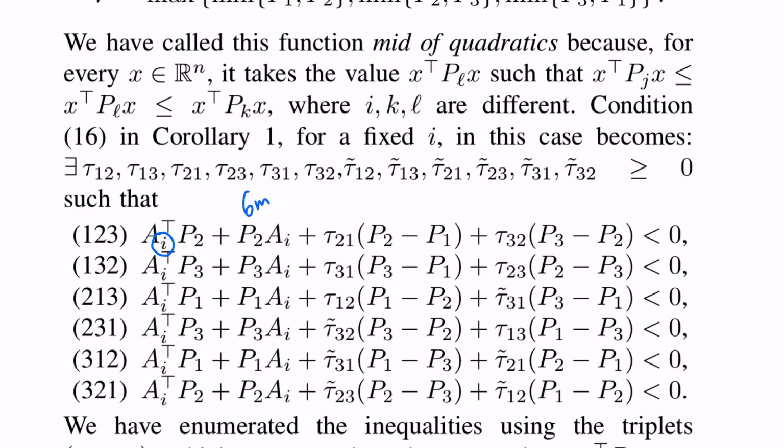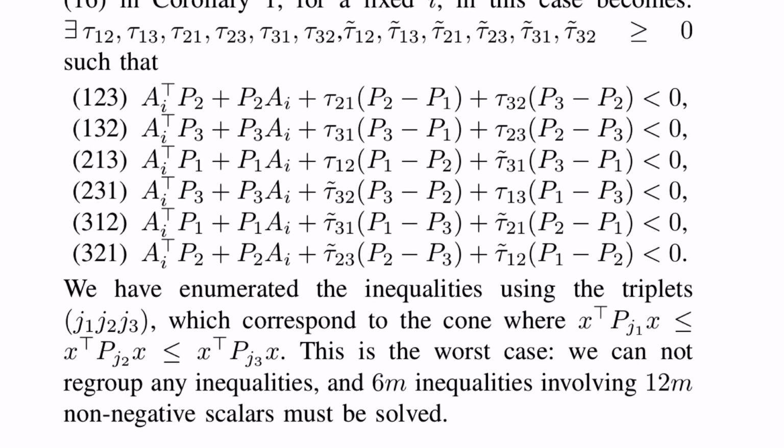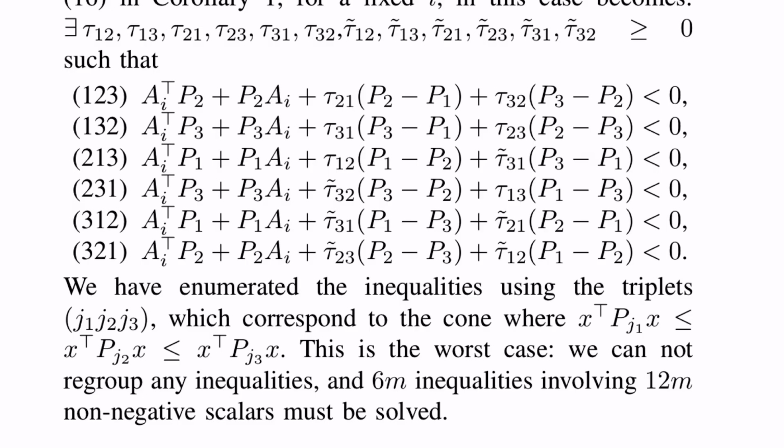We would have 6M conditions. And this is the worst case. In this case, we don't have any hope of reducing the LMI constraints.